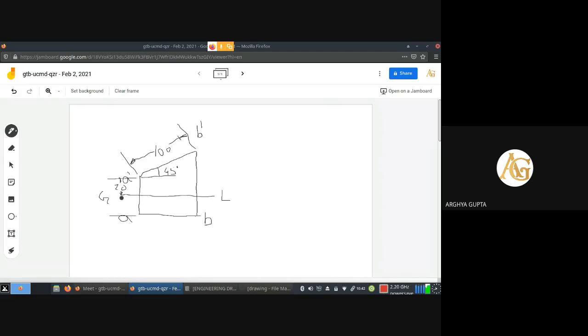Again from A, the distance of A will have to be shown. So that is to be written as 10. Again the dimension, the arrowheads are to be shown. So hence the drawing has been completed.